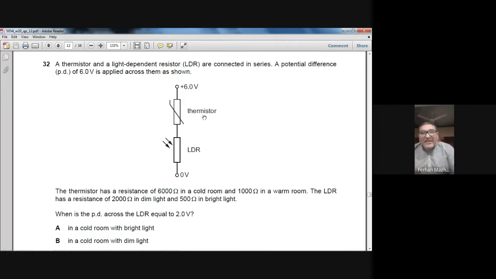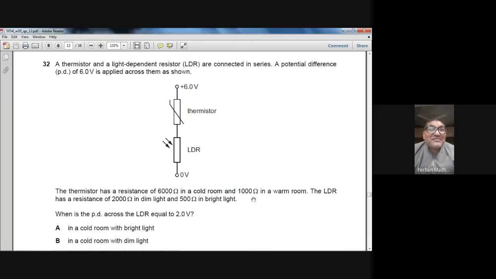So in the given numbers, I have to look at the resistance of the LDR and pair it with the resistance of the thermistor, which is double of this. So if I take 500 ohm, LDR resistance 500, its double will be 1000.